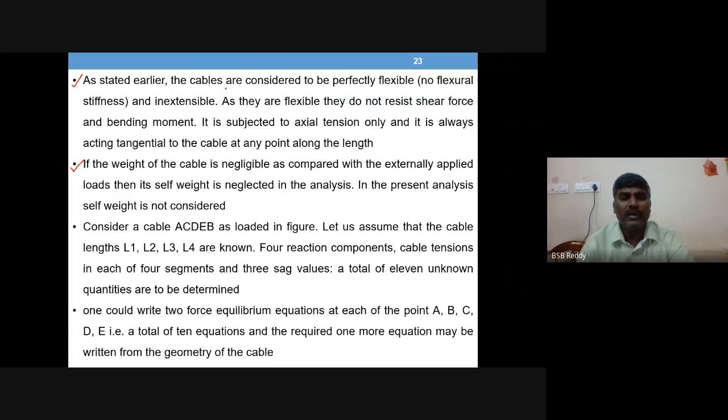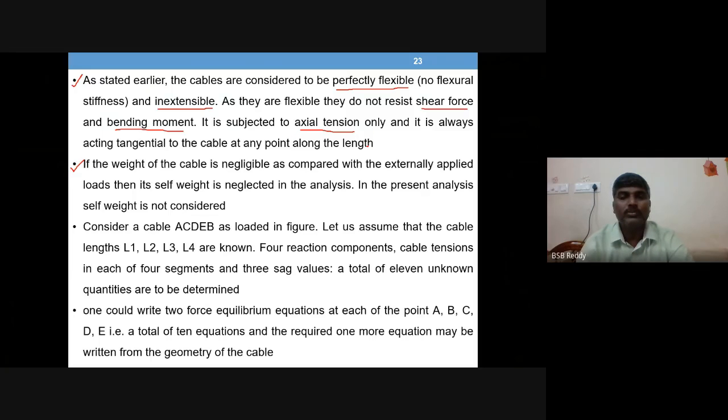Cables are considered to be perfectly flexible and inextensible. We assume they are inextensible. As they are flexible, they can't resist shear force and bending moment. They can only take axial tension.